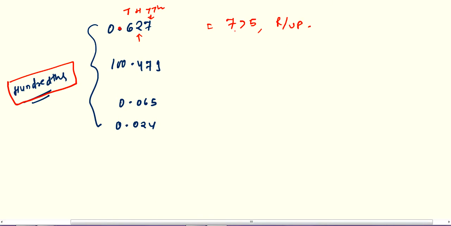Simply we will remove this 7, but this 7 will give 1 to the digit before. So first we will write 0.6, then this 2 will get 1 extra, so 2 plus 1, 3, and we will remove 7. So 0.63 is the rounded answer.